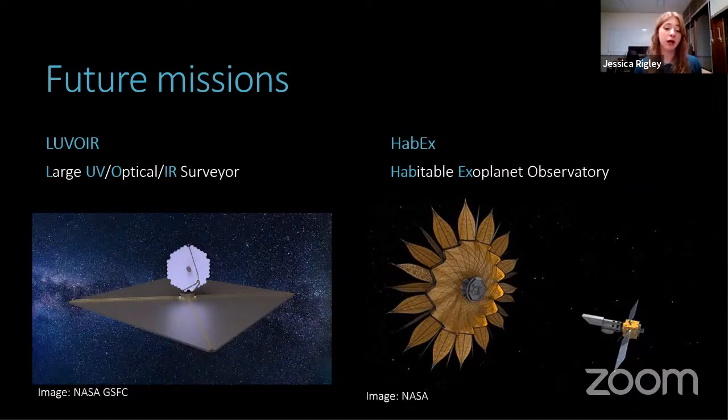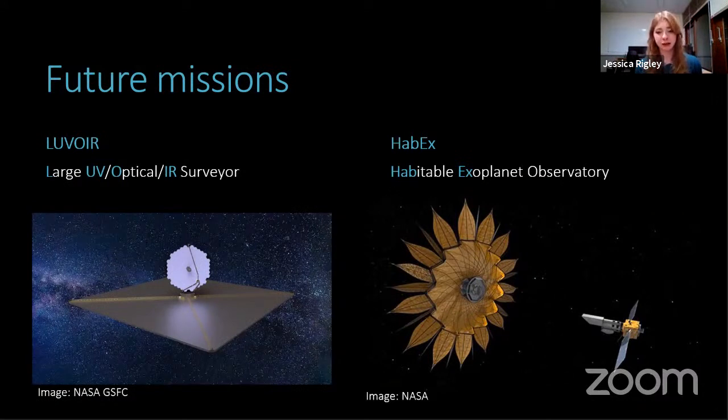And this one would either have an 8-meter or a 15-meter telescope. And then it would use something called a coronagraph to block out the light from the star so that it could see planets really close to the star. And so a coronagraph is basically, if we're looking at a star and then we put something over to cover the middle of the telescope to block out the starlight, and that helps us see things that are really, really close to the star.